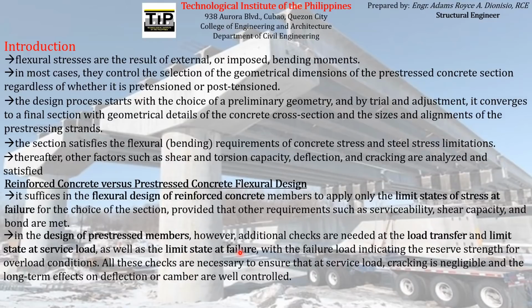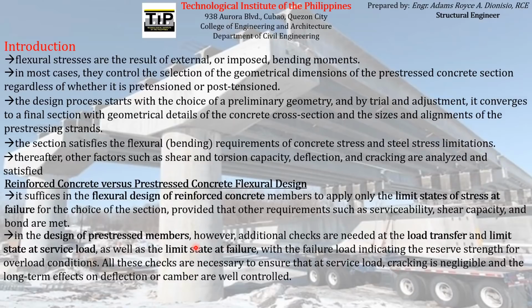Usually those criteria, for the case, for example, of reinforced concrete design, we say that it already failed when the steel reinforcement has yielded. For pre-stressed members, we actually have the same criteria.